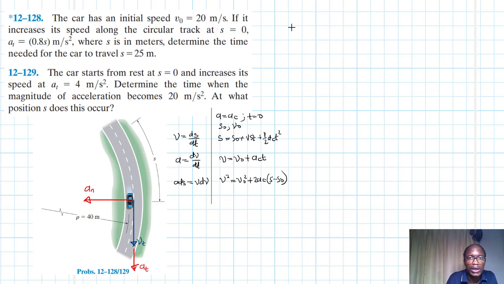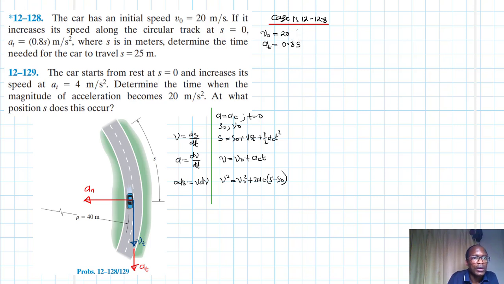So let's begin the work. Let's start with case 1, which is 12-128. In this particular problem, we've been told that v naught is equal to 20 meters per second, and we have a_t equal to 0.8 s.